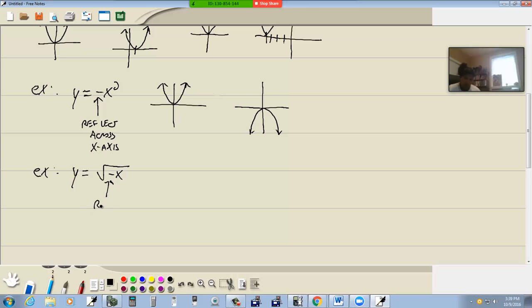This is going to reflect across the y-axis. Now there's our square root of x, and when I say reflect across the y-axis, it flips it over in this direction.